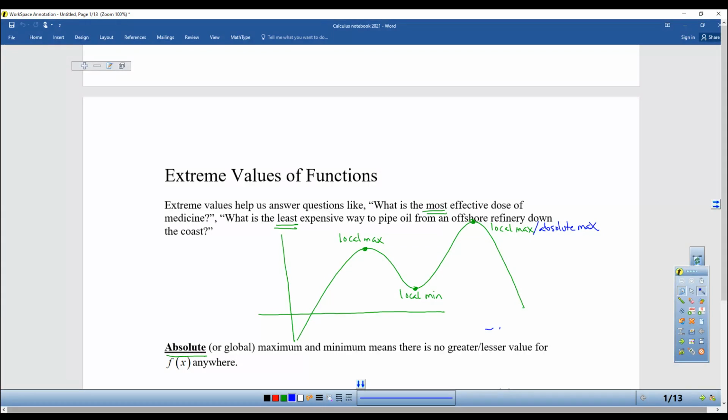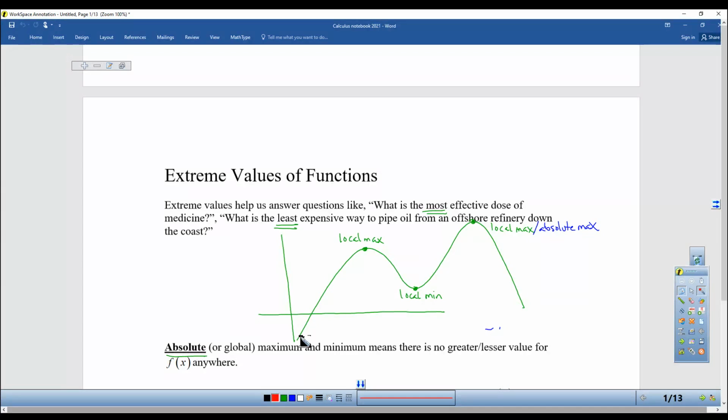But you put that kid in all of Hunterdon County or all of New Jersey, and all of a sudden he might be local within his own school, but maybe he or she is not local overall. And then you take that kid that is local max for all of New Jersey, and you put them in the whole country, and maybe now there's an even higher maximum or minimum. So local is just higher than everything that's around you.